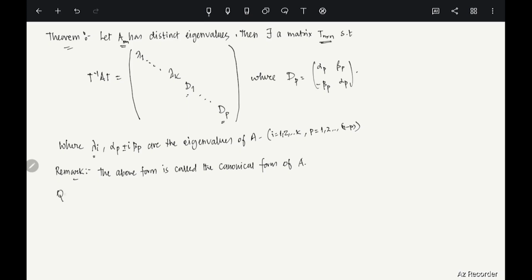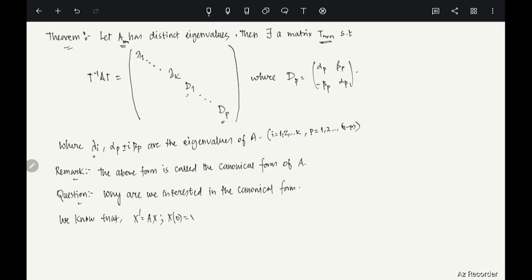Now the question is this: why are we suddenly interested in the canonical form? Now we already know that x prime equals Ax and x(0) equals x naught.